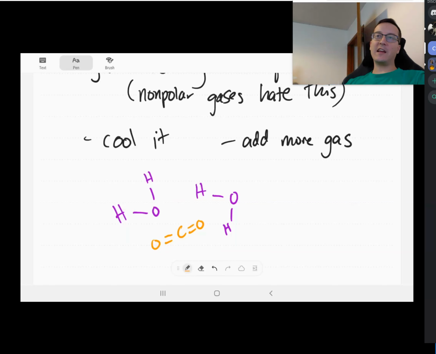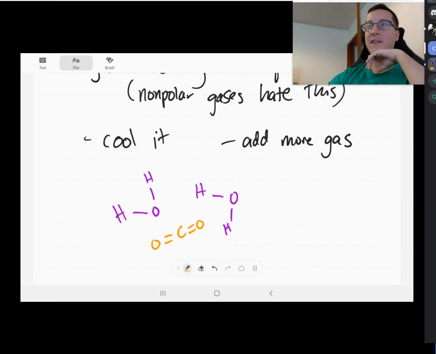However, if we have it nice and cold, we're going to be able to open it normally, and it's not going to explode everywhere. However, the gas will still be escaping just because we have so much of it dissolved in there.